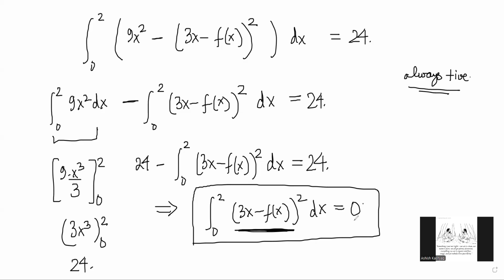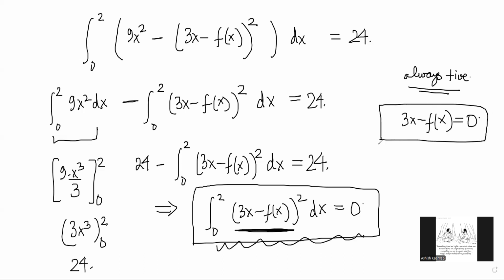If the area is coming out to be 0 for a function that is always positive, the only way that can happen is if the function is 0. The only way the area under the curve is 0 is if 3x minus f of x itself is 0. Because if it was not 0, this would always be a positive quantity and the integral can then never be 0, right?